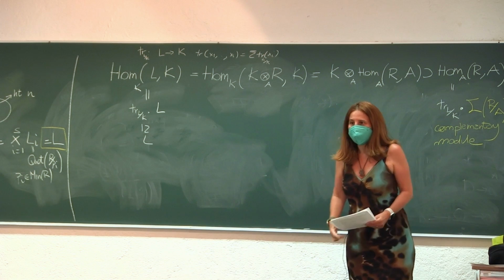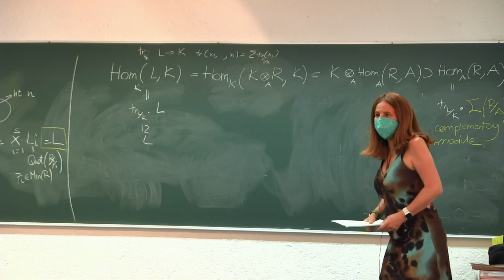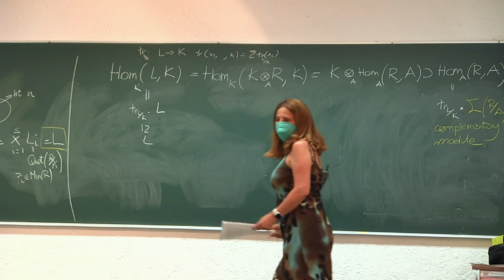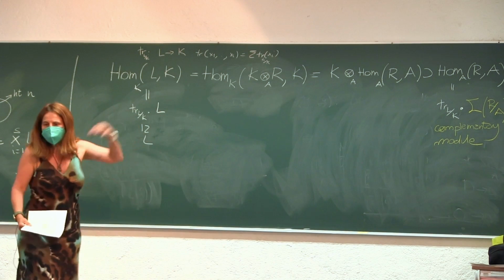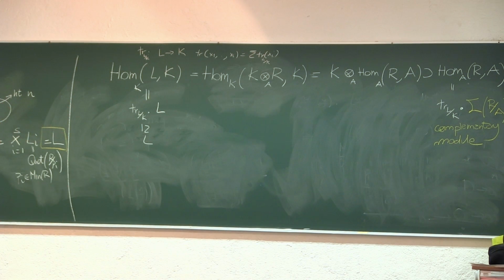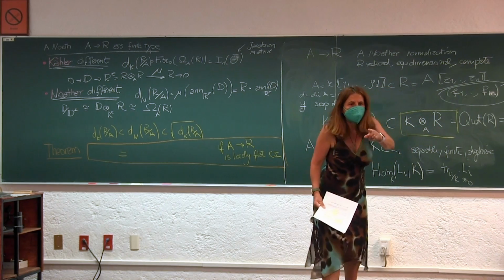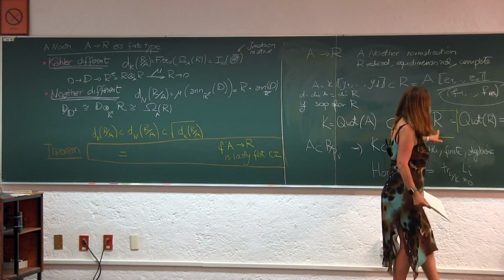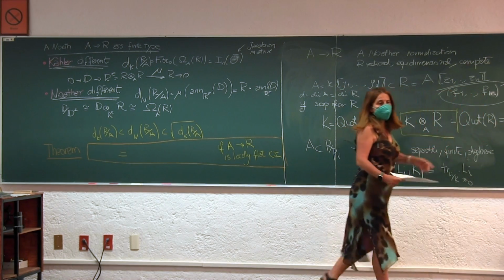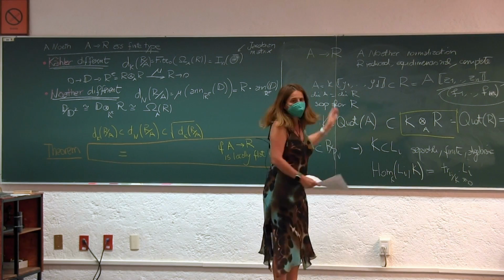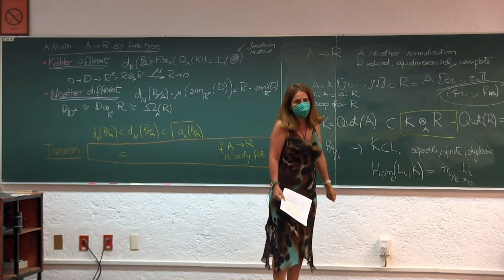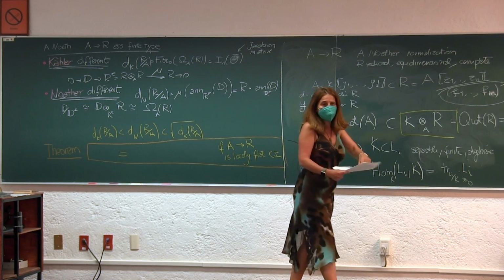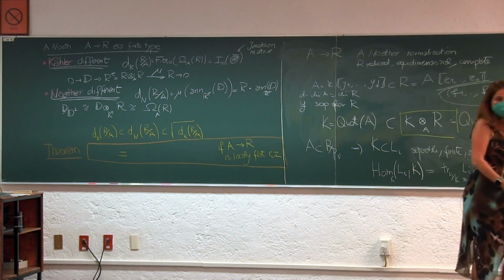So yes? Because these are all A torsion free, you have no torsion. So when you tensor with K, it's embedded. You get an embedding, because the kernel would be torsion. Yes? So how do we get the quotient field of R when you tensor R with K?